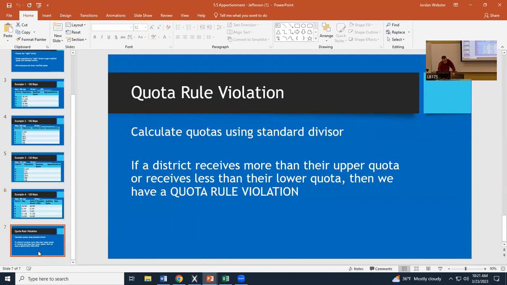Now you might say, well, which is worse? Quota rule violation or Alabama paradox, new states paradox, population paradox? And the answer is, it's kind of anybody's opinion, right?